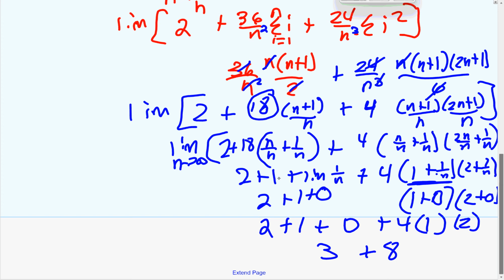So that would just turn to 18 here. So that would turn to 18. 18 plus 0 is just going to be 18. So then I get 18 plus 2, which is 20. So this equals 28. Sorry about that.